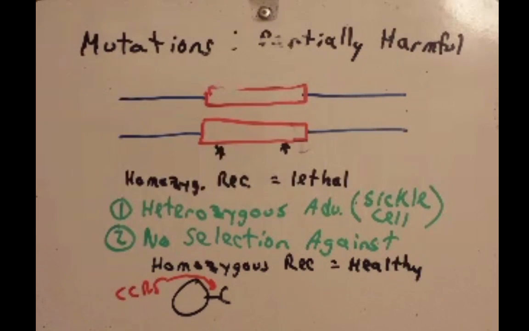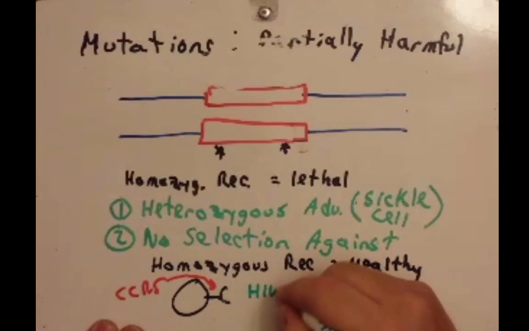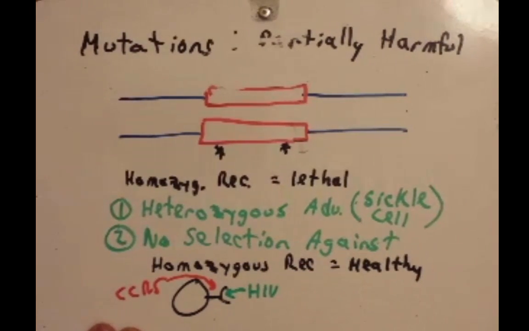However, if it's mutated and not present, the cells typically do okay. There's not a strong disadvantage to that. We also know that this is how HIV enters our immune cells. It binds to these receptors and then it takes the HIV virus into the cell where it causes the damage.